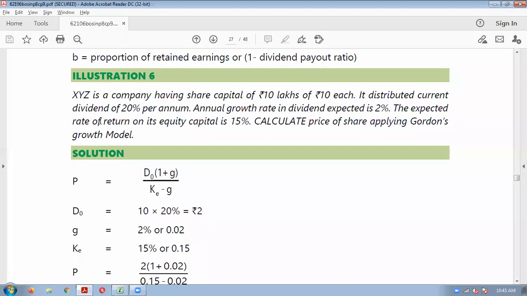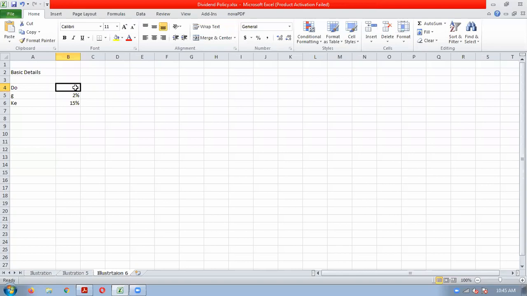D0, how can you calculate? See, the percentage dividend declared is given as 20 percentage and your face value is 10. So you can calculate the dividend per share. It will be rupees 10 into 20 percentage.